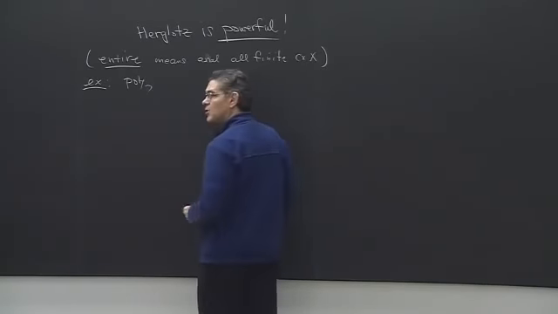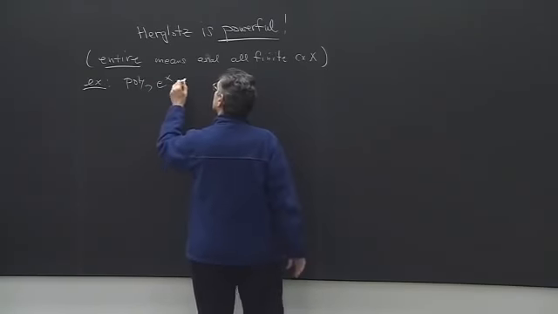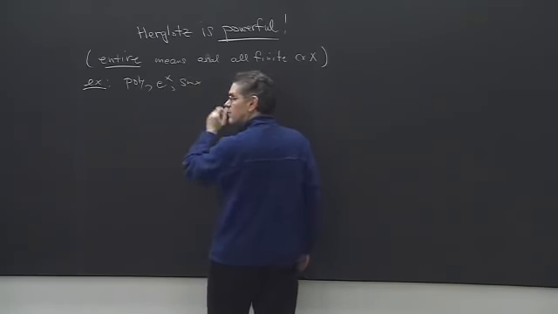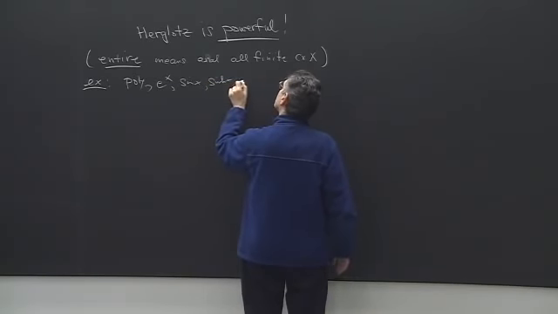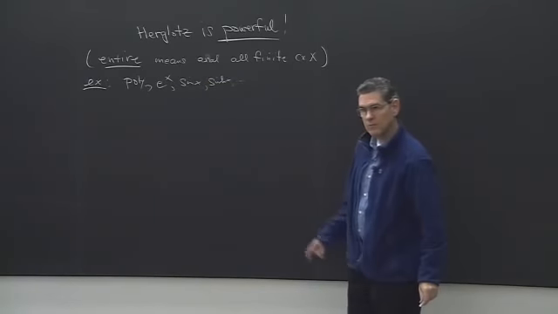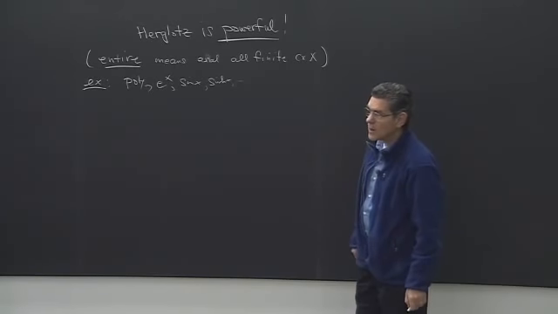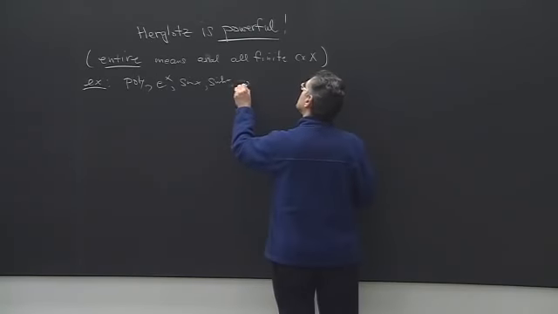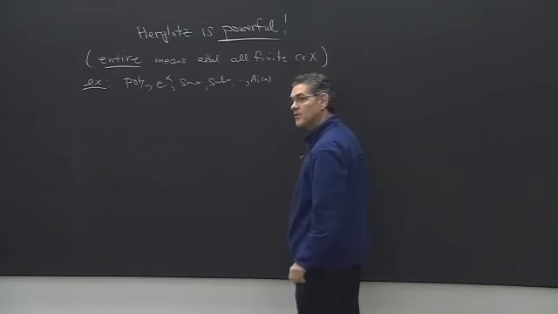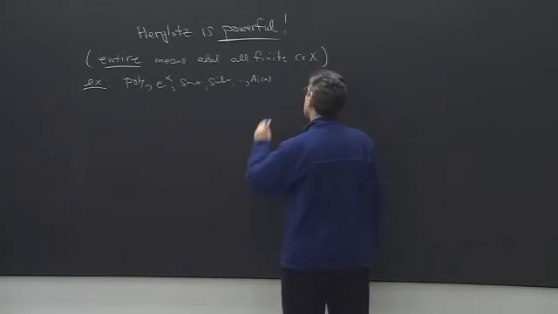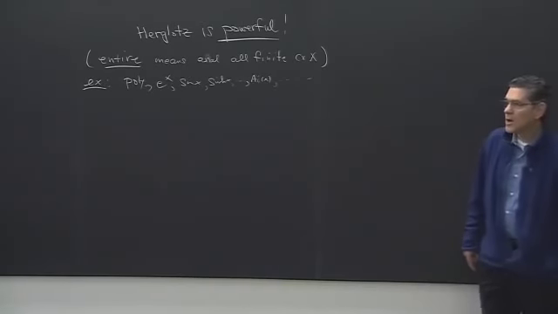So examples are polynomials, e to the x, sine of x, cosine of x, sinh of x, all these standard elementary transcendental functions. Another example would be the Airy function of x. It has no singularities, okay? And there are lots and lots of entire functions.